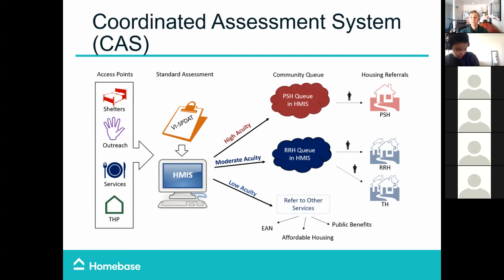Yeah, great question. KJ, in order to get a referral from coordinated assessment, you have to be in HMIS. Is that accurate? The agency, yeah, the program would have to be in HMIS. The referral is made, like the matchmaker would actually enter a program referral from somebody that's on the coordinated assessment or the community queue to an open slot in a program in HMIS.